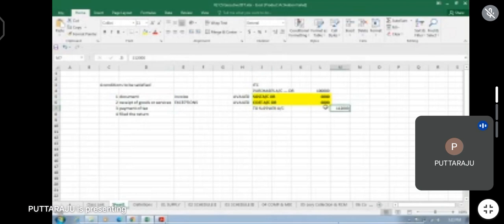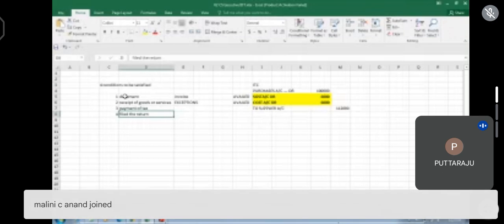Next, you should have made the payment of tax to the supplier. That is called as payment of tax. Fourth one, supplier has filed the return of GST for that particular tax period. Then only you can get the eligibility to claim ITC.